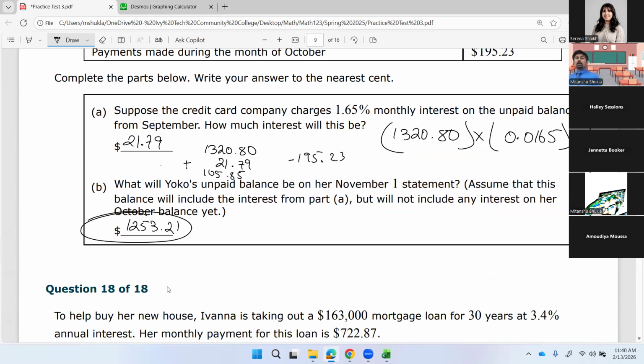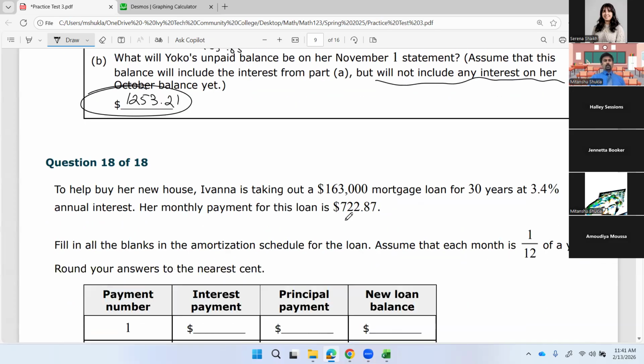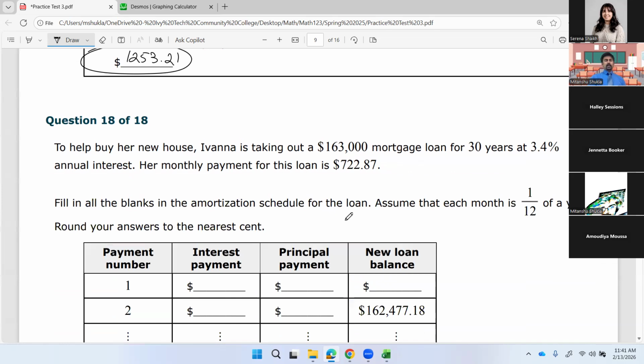They did tell us to not include any interest on the October balance yet. So we have not even included that 1.65% of interest on this balance. Okay. Any questions? All right. And the last one.